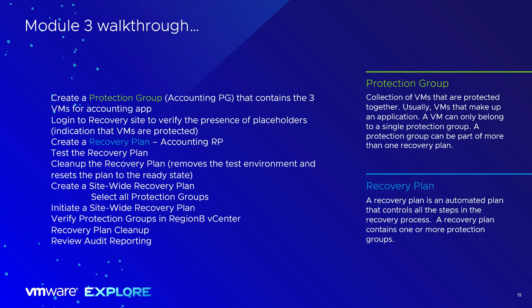You can have multiple protection groups, so you can have multiple applications be part of that recovery plan. You can run scripts in your recovery plan. You can have a timeout where it waits for user input. So there's a lot of wiggle room in your recovery plan, and I'm going to cover that.